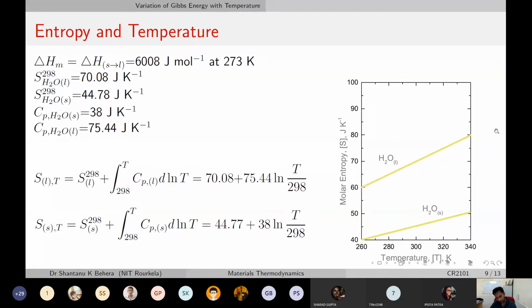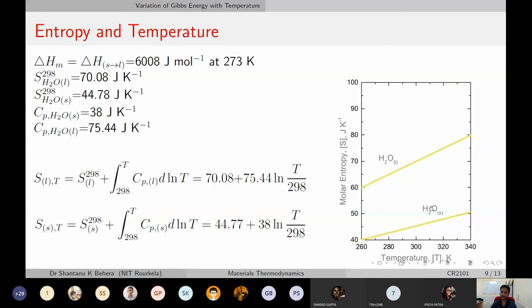There is a description of how Cp of the liquid changes between these two temperatures, and based on that you should be able to calculate the molar entropy of liquid water across temperature with pressure being constant, and likewise the molar entropy of solid water across temperature.